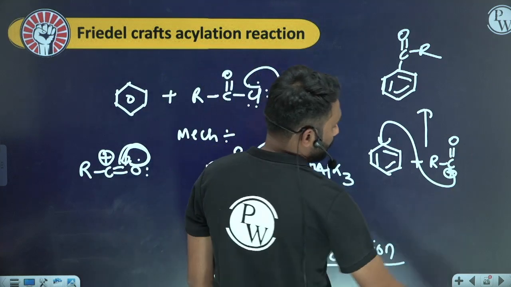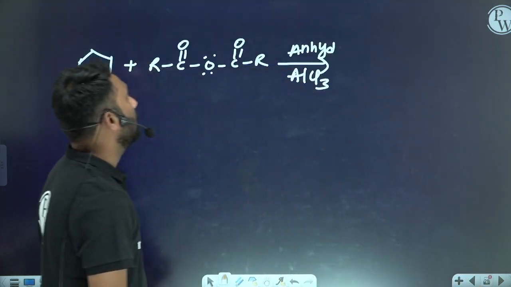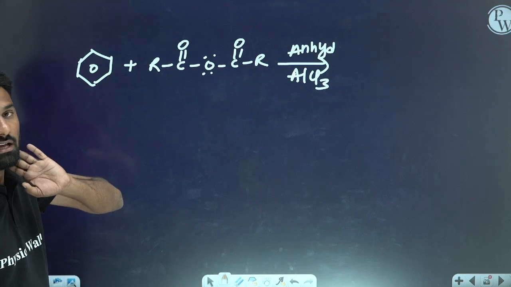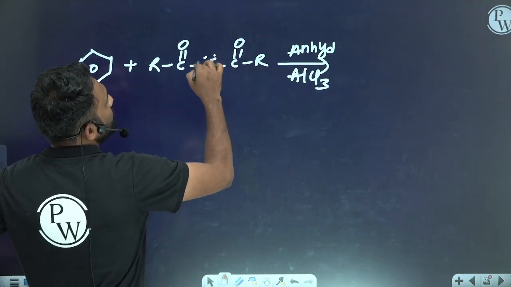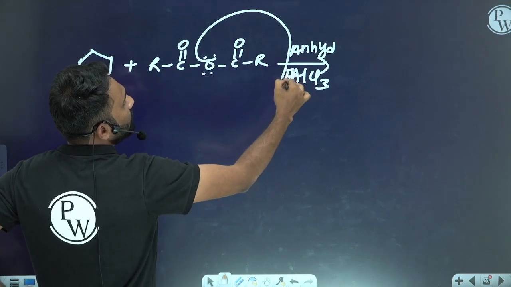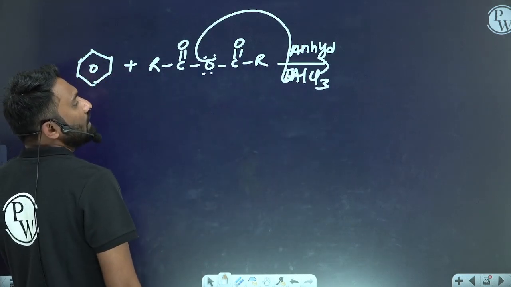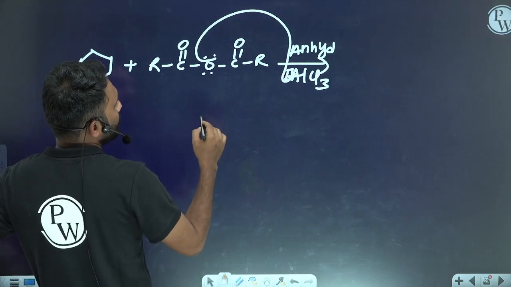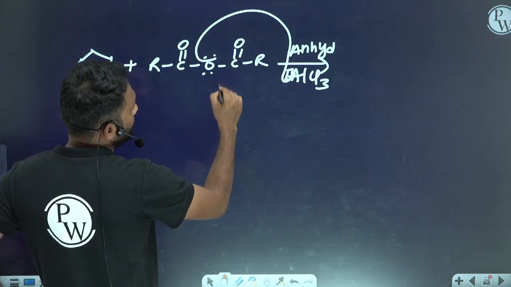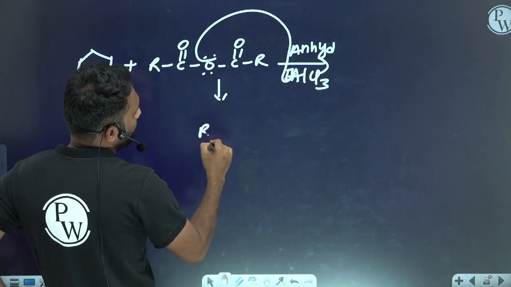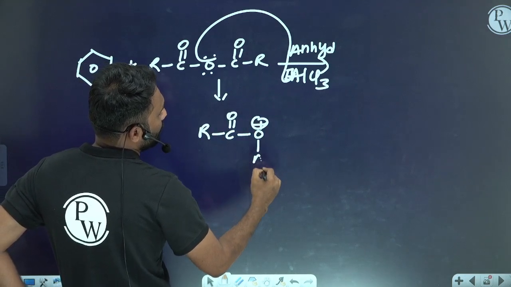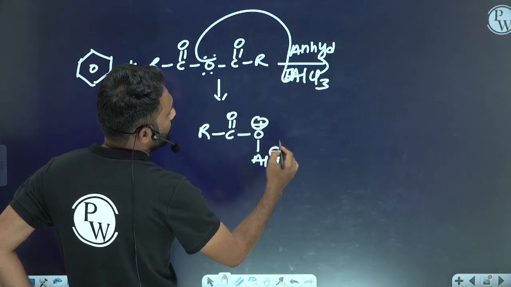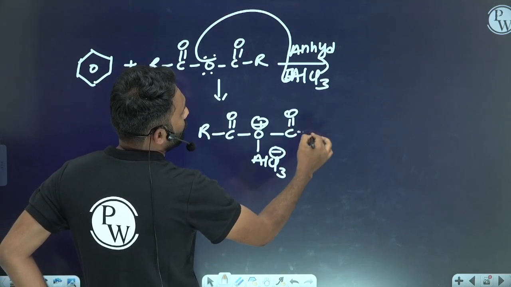Okay. Next, if acidic anhydride is given, how will it happen? This lone pair of electrons will be given to this acid. When this lone pair of electrons has been given to this acid, R C double bond O, with positive on oxygen, and AlCl3 here.